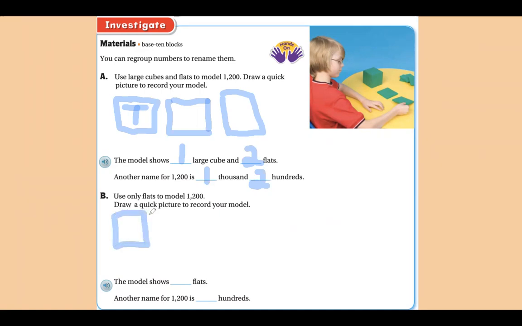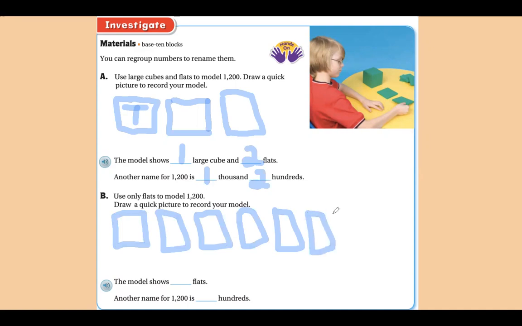So it'd be 1, 2, sorry, my squares are not very pretty. 3, 4, 5, 6, 7, 8, 9, 10. So I just regrouped the 1,000 into hundreds. 10 hundreds equal 1,000, right?